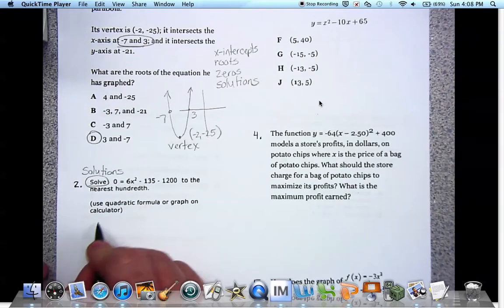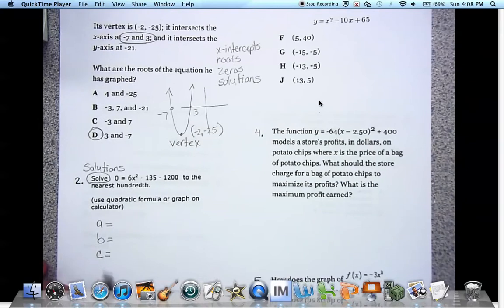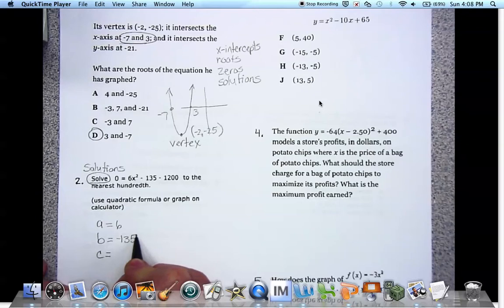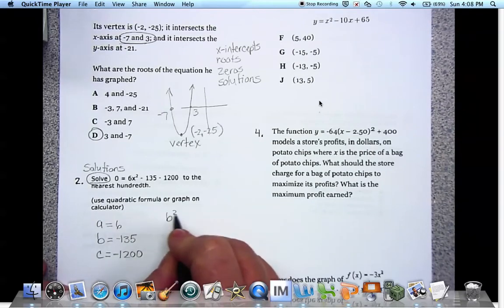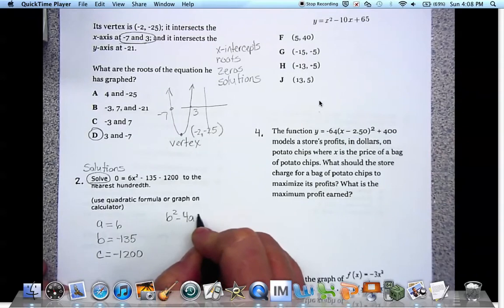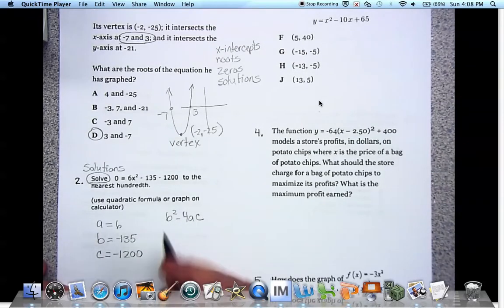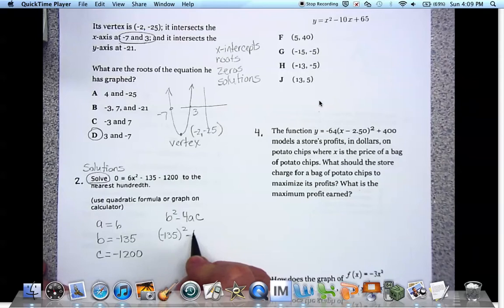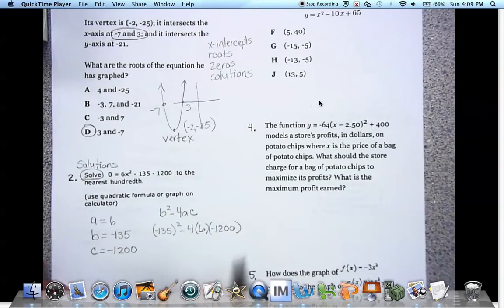We're going to do the quadratic formula, which needs a, b, and c. A is 6, b is negative 135, and c is negative 1200. Big numbers. Then we do the discriminant so we can see what kind of solutions we're going to have, and this helps us break it down into smaller chunks. So we put negative 135 squared minus 4 times 6 times negative 1200.